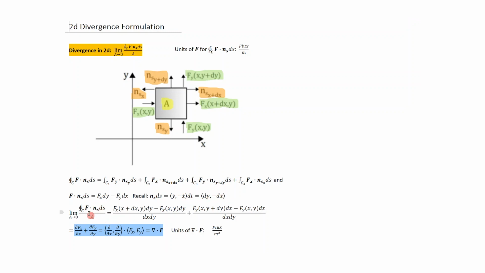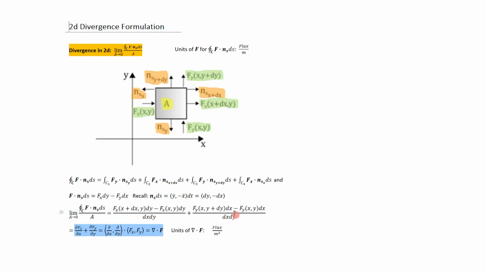And so if we apply this definition for n ds, to get f dot n ds, and we do that for each one of these 4, then you can see we have 4 contributions. There's one here, one here, one here, and one here, and the area is dx dy. That's this differential area element. Now you'll notice here that dy is common to the denominator and numerator, and so they cancel.